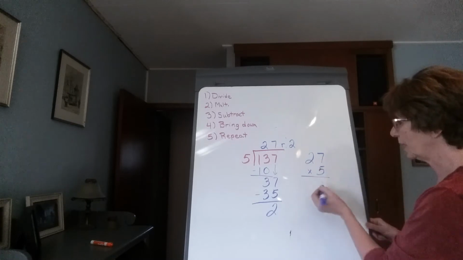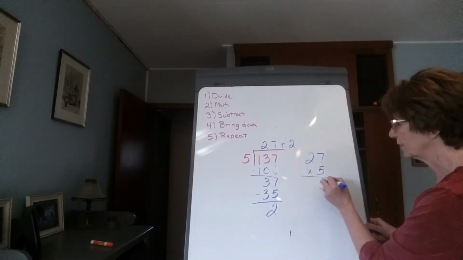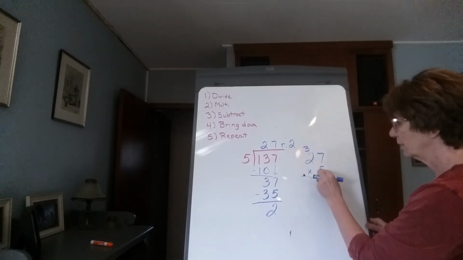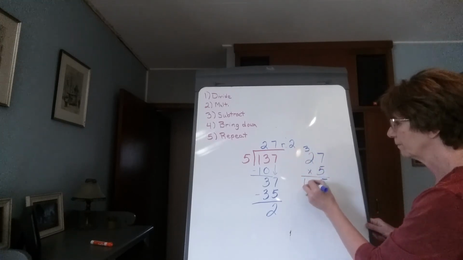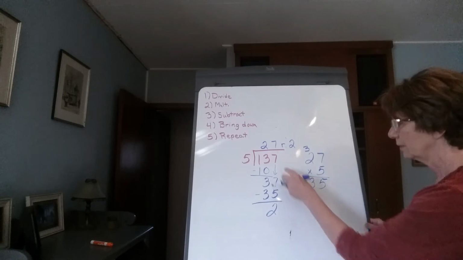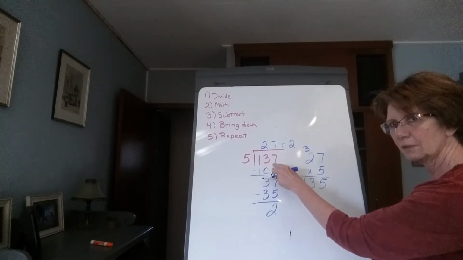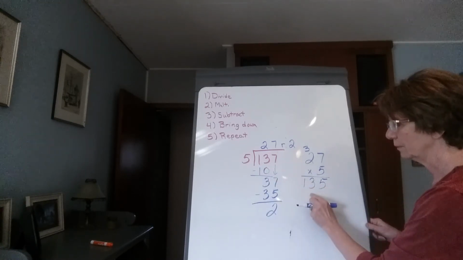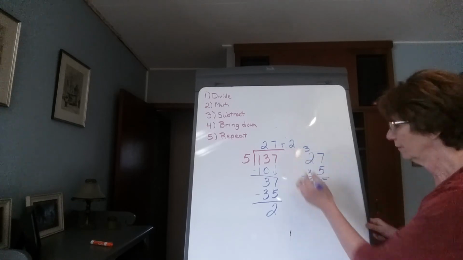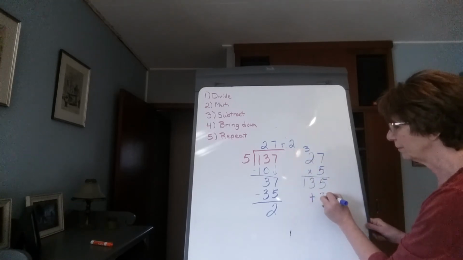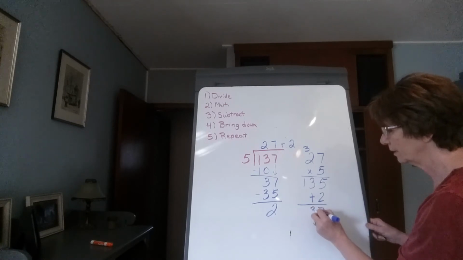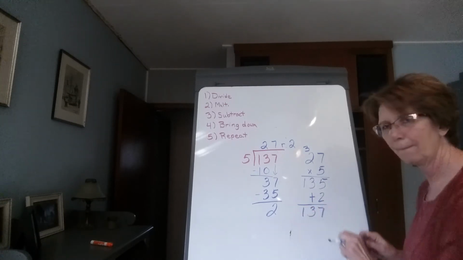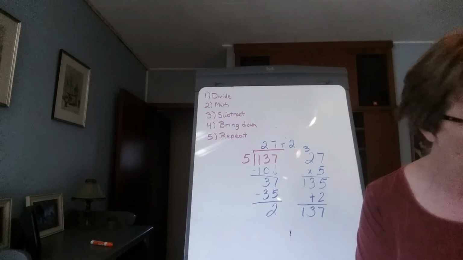Okay, so 7 times 5 is 35. 2 times 5 is 10 plus 3, 13. We're close, okay, because we're looking for this number. We're very close. What about that remainder? We add the remainder. 5 plus 2, 7. And voila, we have a correct answer.